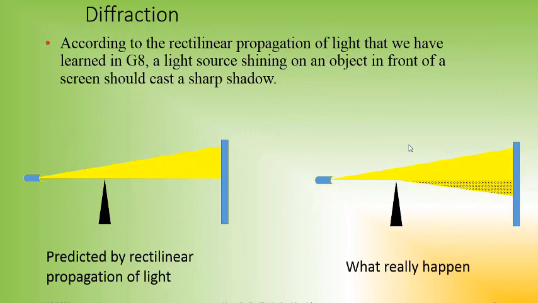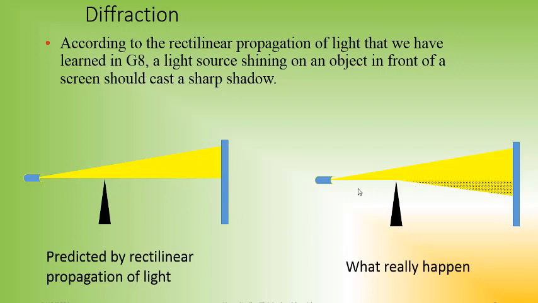Now, after watching the video, let's recall another property of light. We have learned in grade 8 that light propagates in a rectilinear path. That's what we call the rectilinear propagation of light. According to that property, if light shines on the edge of an object, this light shines on this part of the screen.